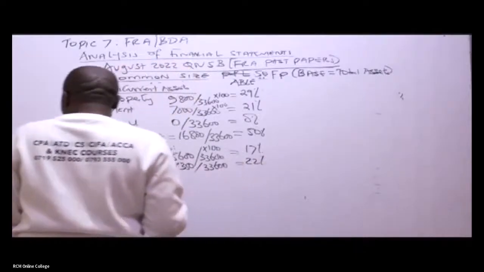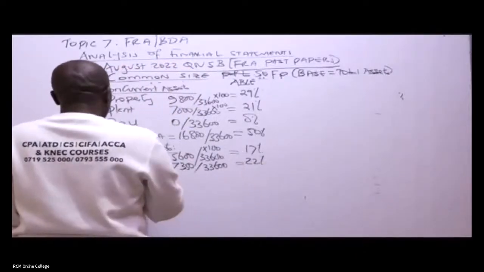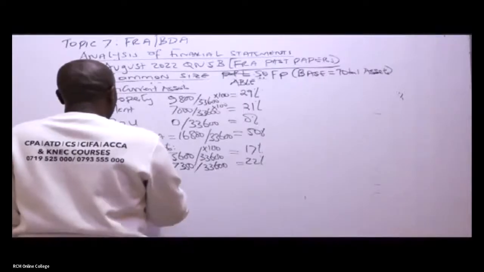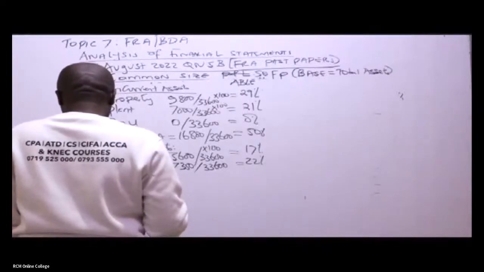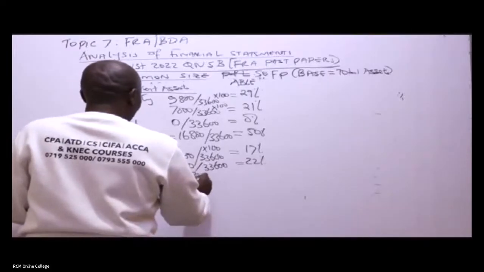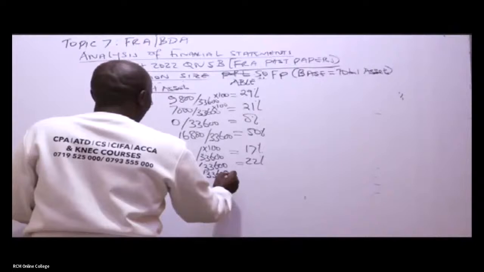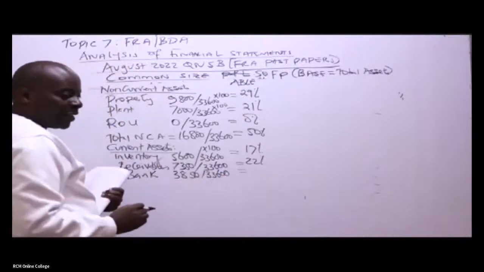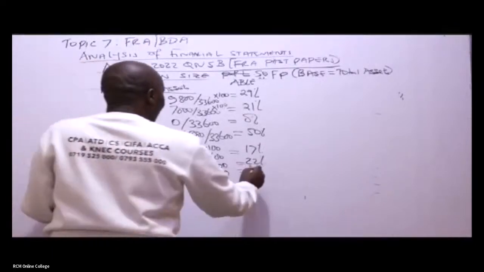After receivables, I can see bank. For bank, what do we have there? 1750 divided by 33,600, which will end up giving me what percentage there? 11%.